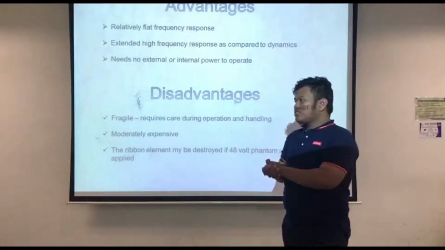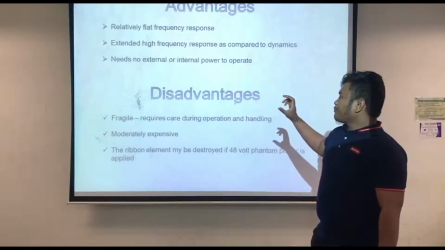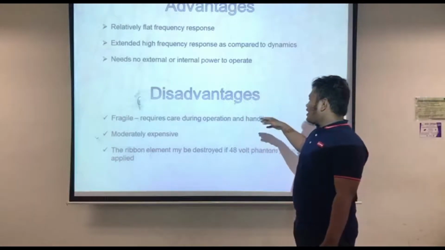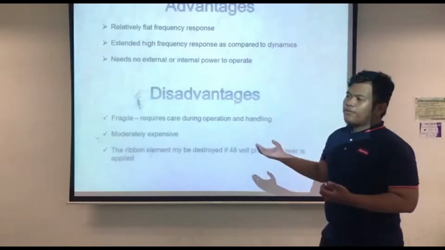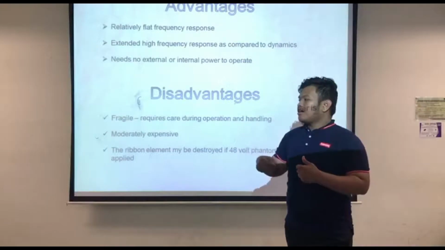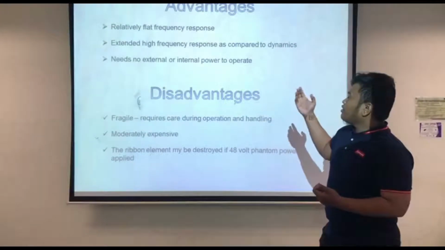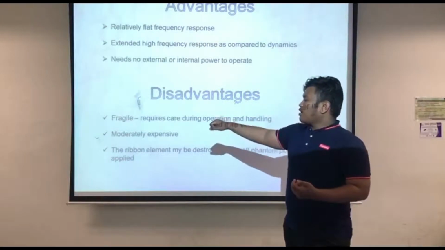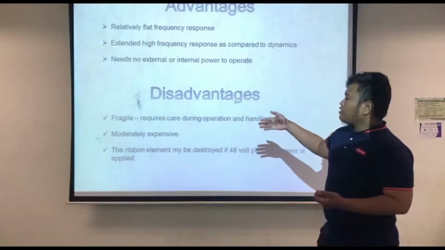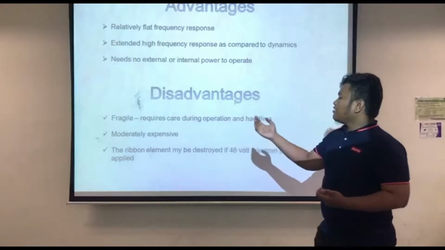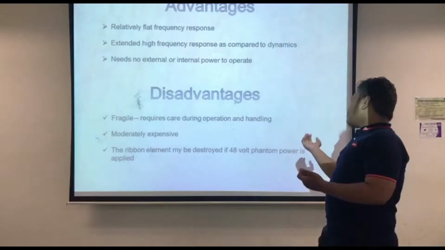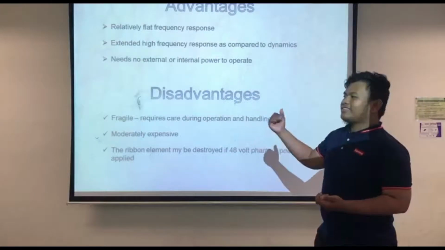The disadvantages of the ribbon microphone: it is fragile and requires care during operation and handling, not suitable for heavy activities. Secondly, moderately expensive, requiring a lot of money to buy it. And last, the ribbon element may be destroyed if 48 volts phantom power is applied.